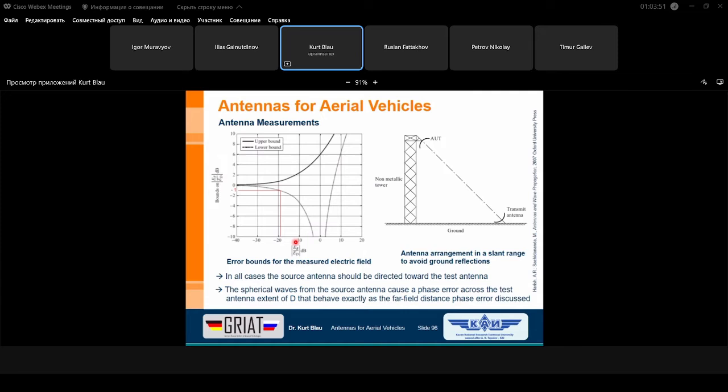Let's say it's about 19 or 18 dB. If this is already in this range, then our measurement error is already -1 dB.